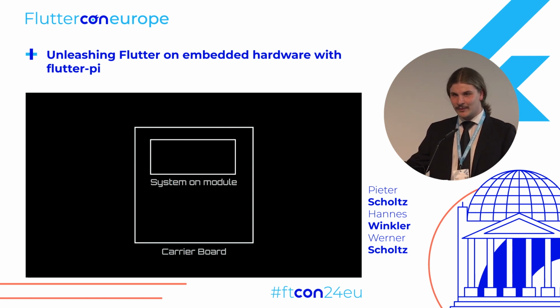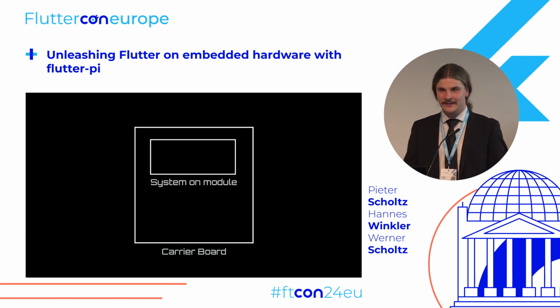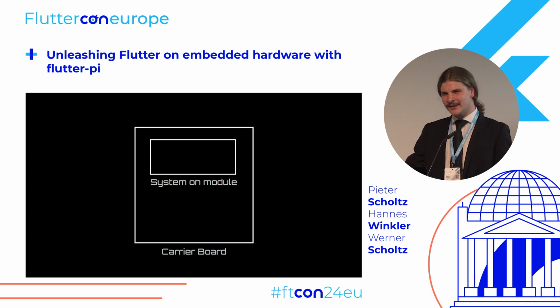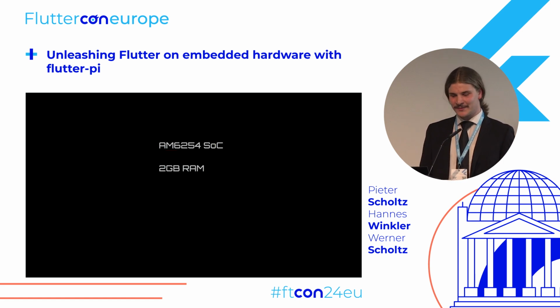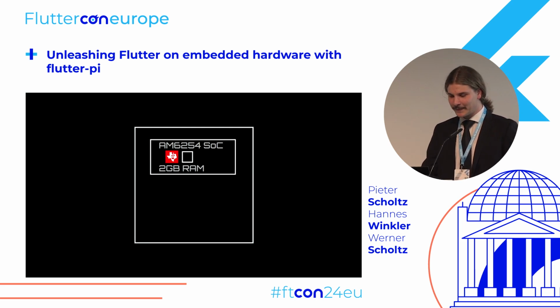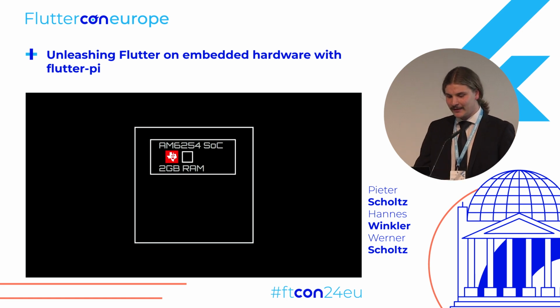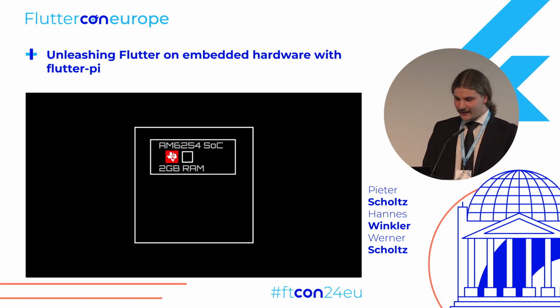And the system on module houses the CPU, GPU, and memory. And the carrier board there is similar to the motherboard of a computer. So let's zoom in a little. On this specific SOM, we have a SoC, or a system on chip, which is called the AM6254, along with 2 gigabytes of RAM.